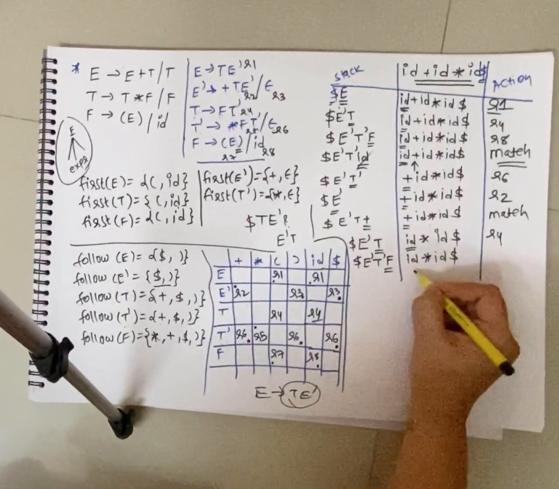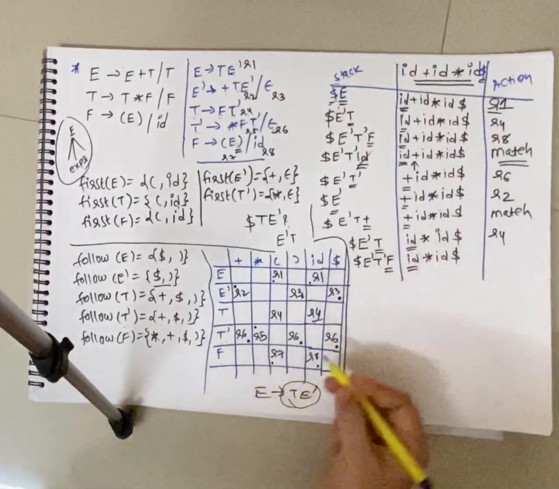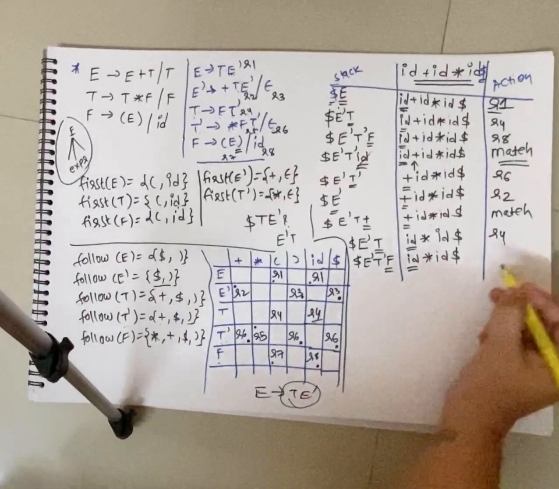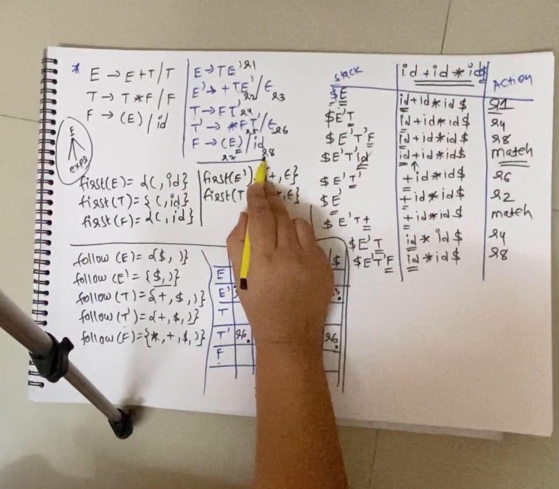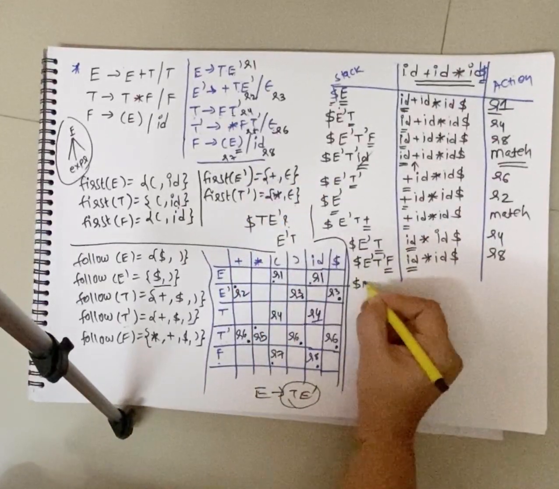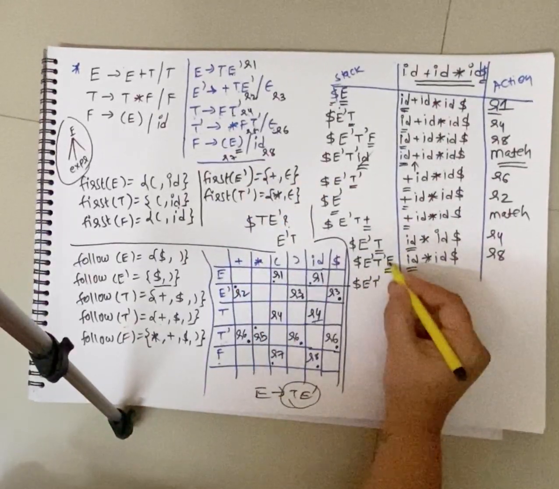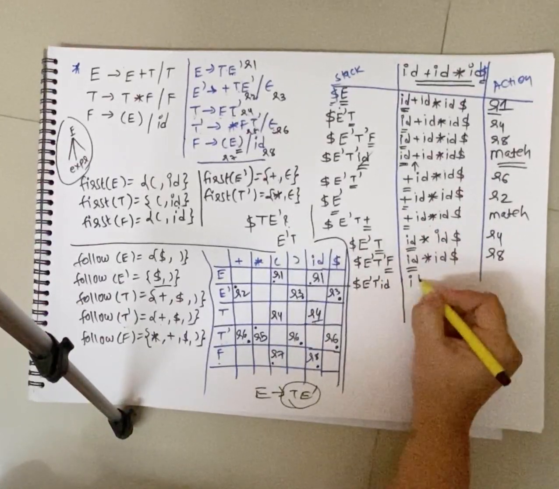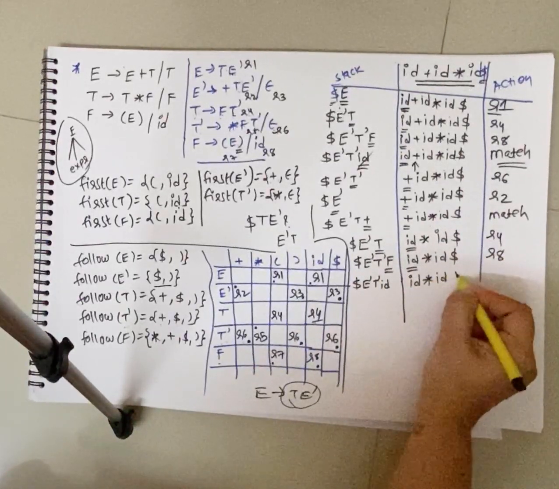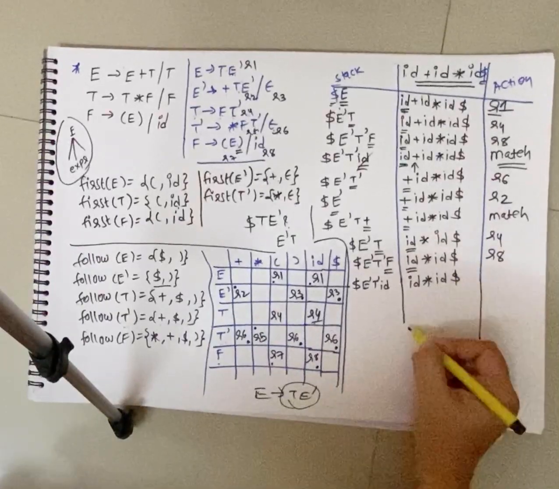What is top of the stack? F. What is current input symbol? ID. F, ID, R8. What is R8? F should be popped, ID should be pushed. So E dash and T dash will remain as they are and F will be popped, ID will be pushed. ID multiplied by ID dollar will remain as it is. Okay.